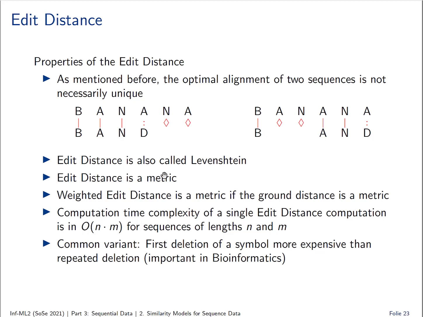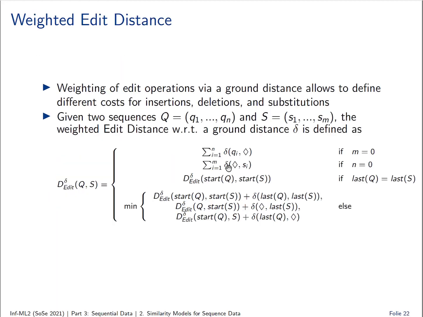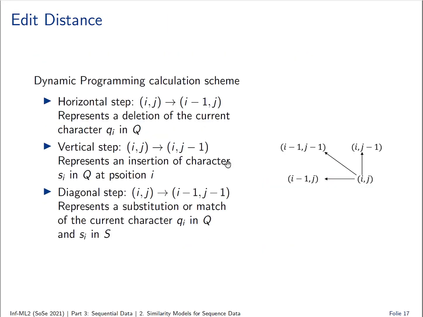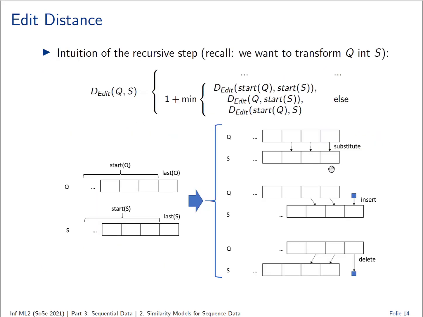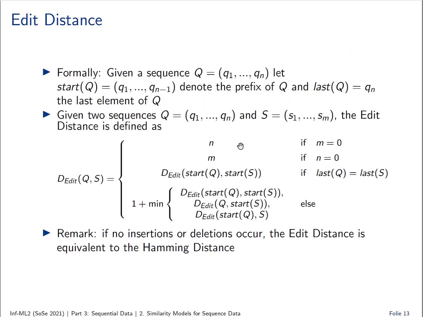The edit distance is very often also called Levenshtein distance. So actually this is not a typo. I think Levenshtein is really spelled like that. So Mr. Levenshtein is probably the one that defined the edit distance. He actually came up with this formula here. But as far as I remember, he didn't actually propose an algorithm to compute that efficiently.